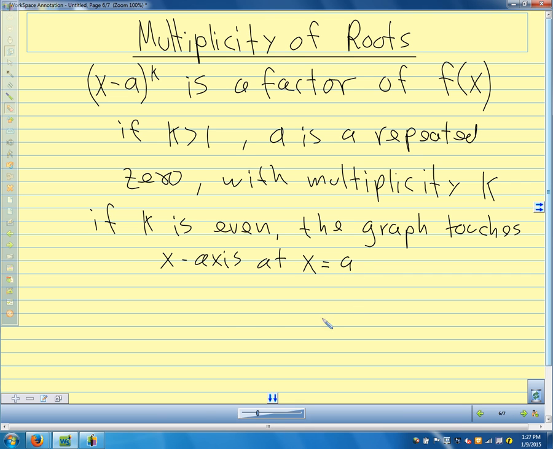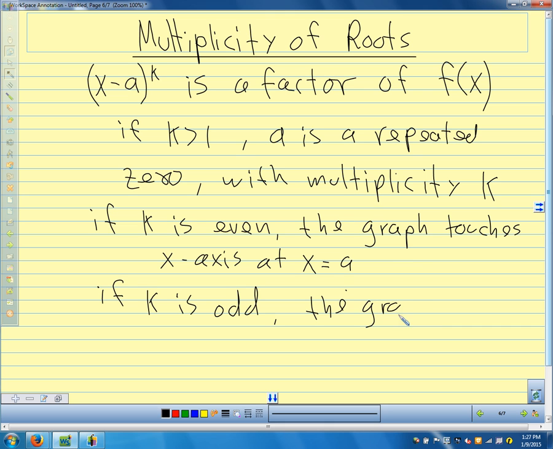And if k is odd, the graph crosses the x-axis at x equals a.